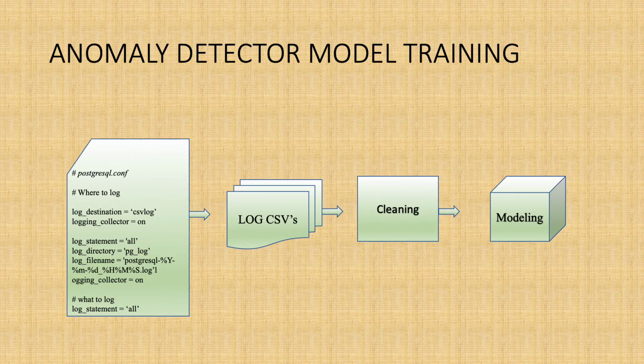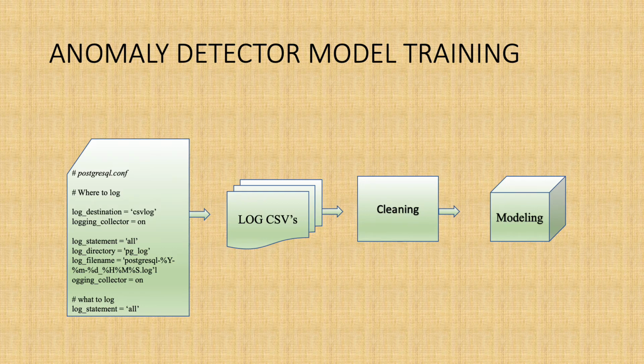For building our model, we are taking the data from log CSVs. As we already know, we have to log all our queries which are being executed on a PostgreSQL system. To get it logged, we have to configure some files in the Postgres system. There is a PostgreSQL configuration file where we modified it so that all query logs are saved in a CSV log.